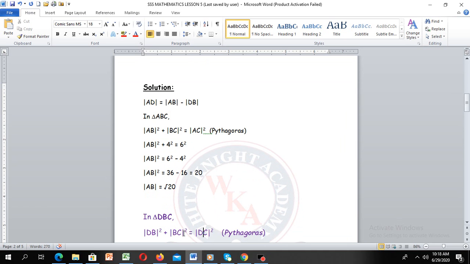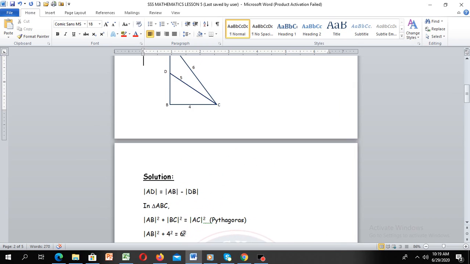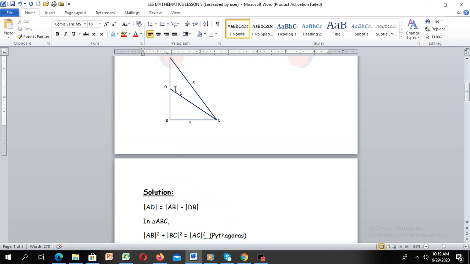Okay. Then we go to right angle triangle DBC. We're going to be using Pythagoras rule for that. In right angle triangle DBC, DB squared plus BC squared is equal to DC squared. So the sum of the squares of these two adjacent sides of this right angle triangle is equal to the square of the hypotenuse.